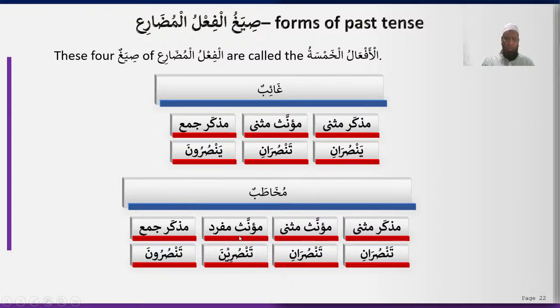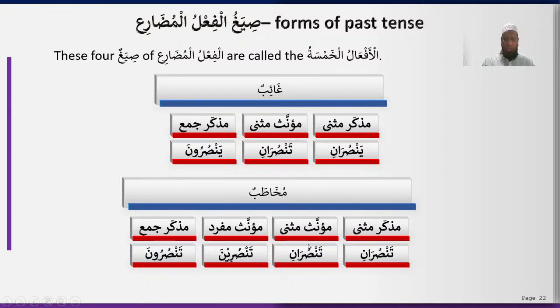Number 4, muannas mufrad, tansurina. And number 5, tansuruna. Yansurani, tansurani, yansuruna, tansurina, tansuruna. So 3 from ghaib and 2 from mukhatab.